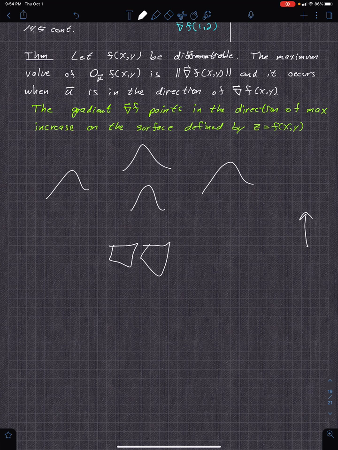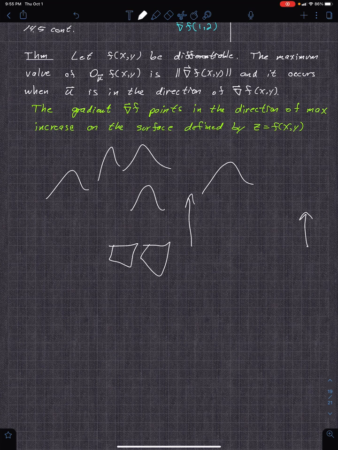If f defines the whole surface, including our mountains in the background, what direction points in the maximum increase? Well, depending on what classroom you're in, it's always pointing towards the mountains.